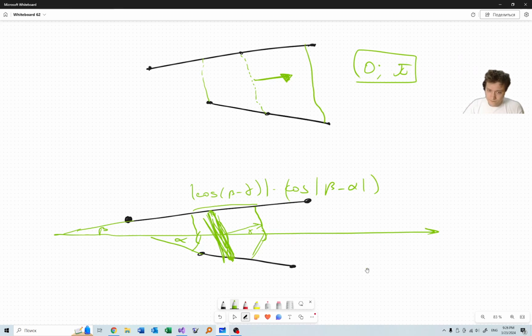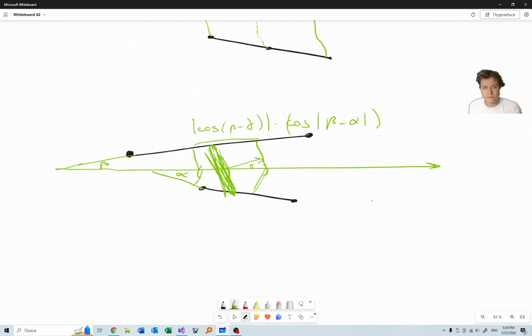Okay. So we integrate over all possible gammas. We always take cosine beta minus gamma, cosine alpha minus gamma, times the difference of two projections.